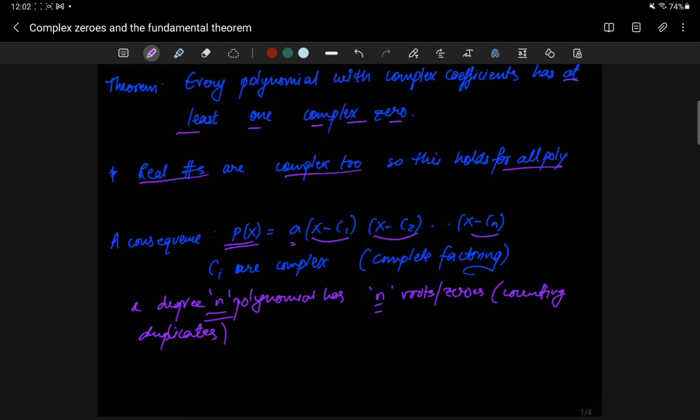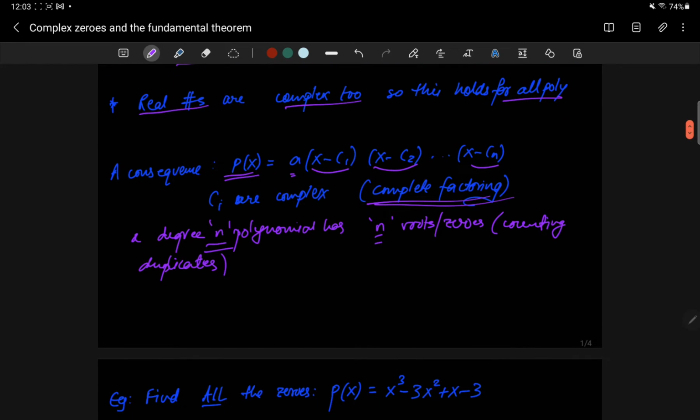There might be a bunch of multiples in there, but when you count these duplicates, it should still come out to be 6. Combined with Descartes' rule of signs and the upper bound lower bound theorem, all of these give us a lot of information about which zeros are real and which are complex. And in addition, it helps us completely factor certain equations that we may not have been able to completely factor previously.